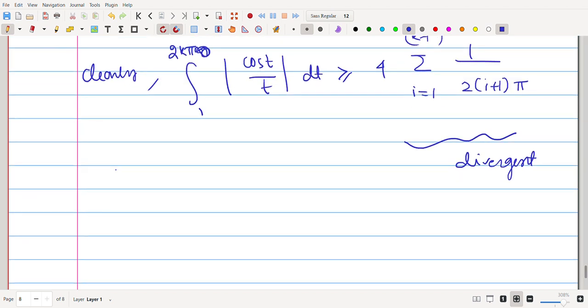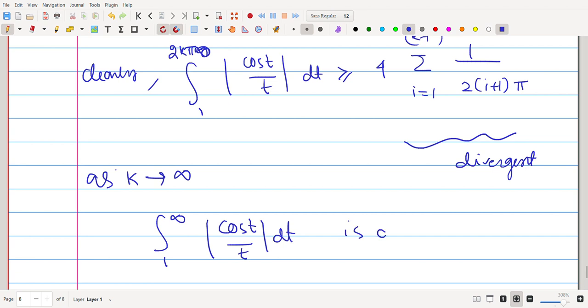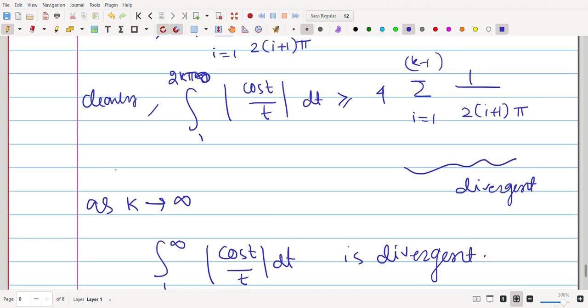That means as k tends to infinity, the integral from 1 to infinity of mod cos t by t dt is divergent, as this series, the summation i equal to 1 to infinity of 1 by (2i plus 1) pi, is divergent.